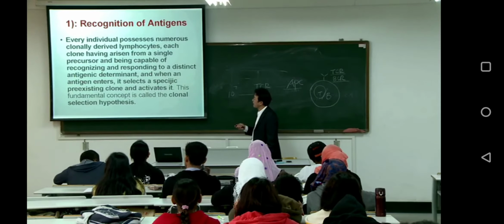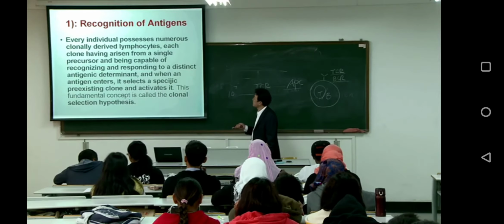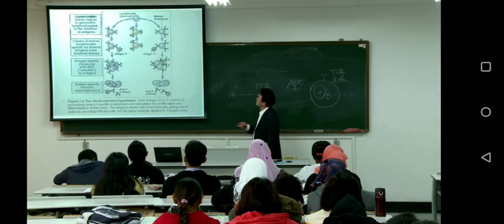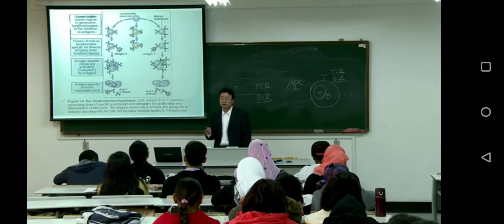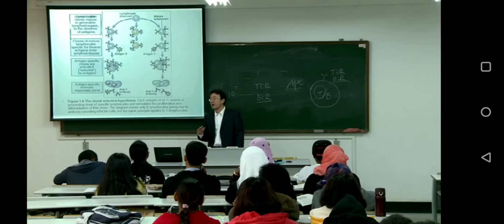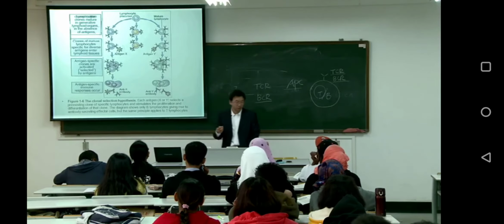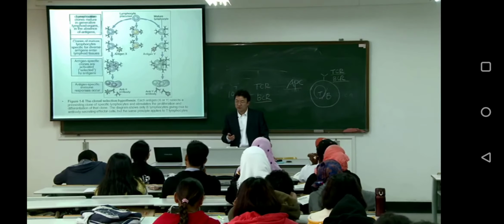When the antigen enters, it selects a specific pre-existing clone and activates it. This fundamental concept is called the clonal selection hypothesis. If you understand clonal selection, it will help you understand why the immune response is specific.